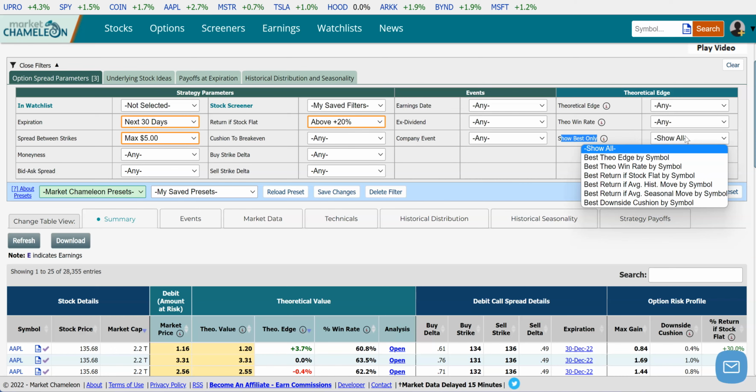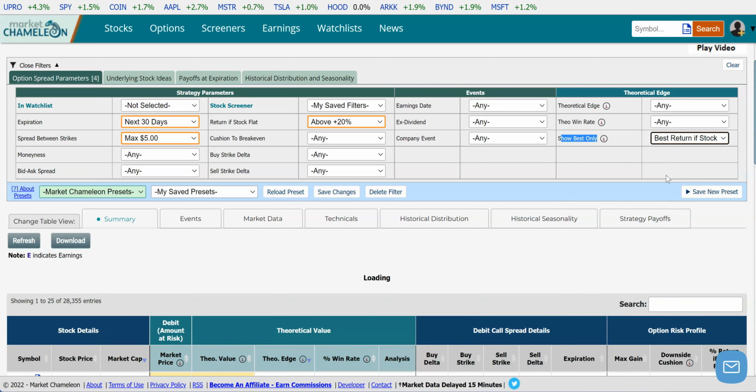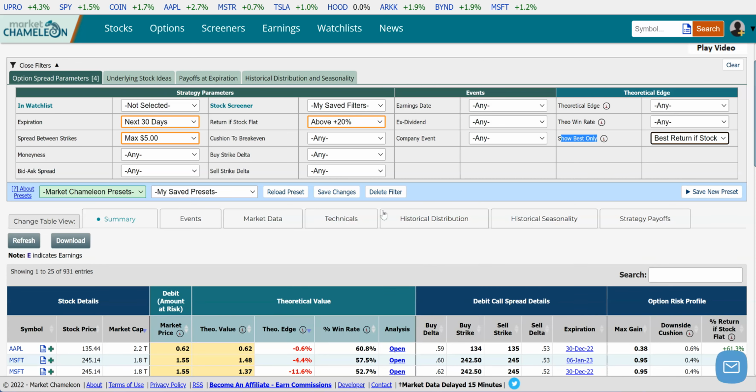I'm going to drop this down and say best return if stock is flat and at least 20%. So it has to be at least 20%. If not, it's not going to return it. But at least 20% or more, and show me the spread with the best return. So let's click on that. Now it's going to go into the market, filter it out, do the analysis, and give us the output.